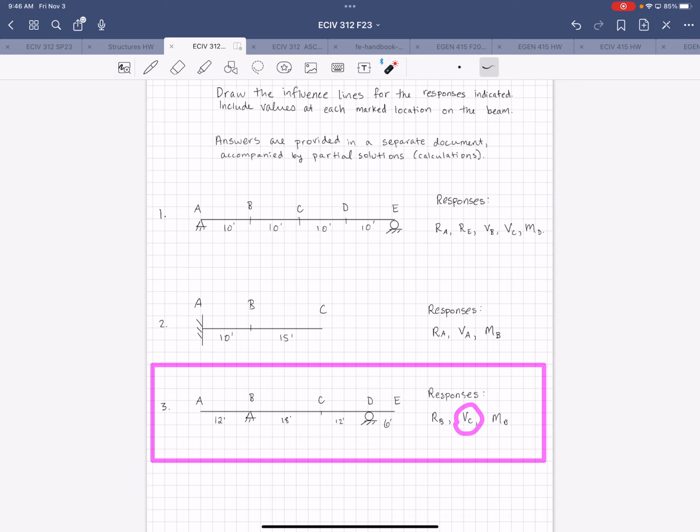Does anyone have a reaction influence line yet? Which reaction? Reaction at B, all right. What does that look like? Starts at 1.44, goes down to 1.228. Okay, so there'll be 1 here, and you're saying it starts at what? 1.44. This value would be 1, and the slope is off.